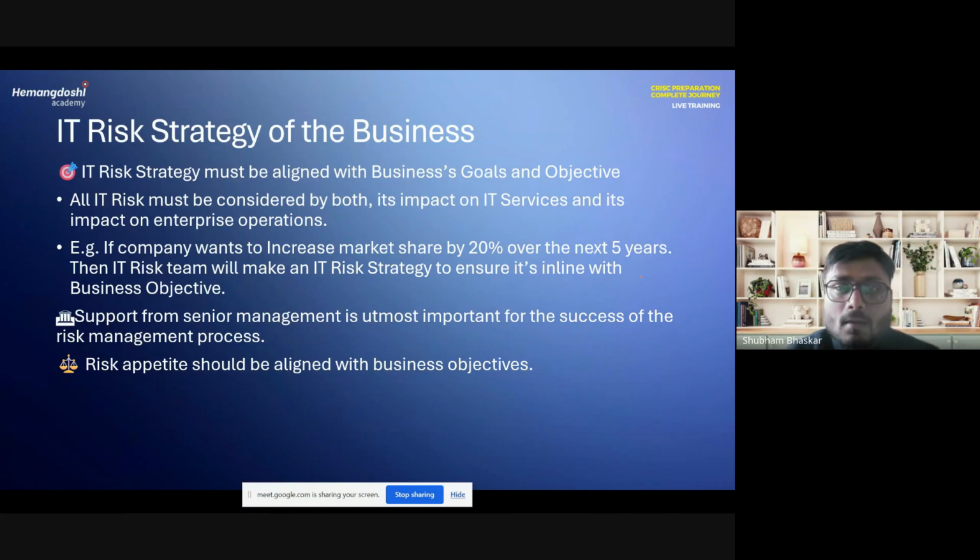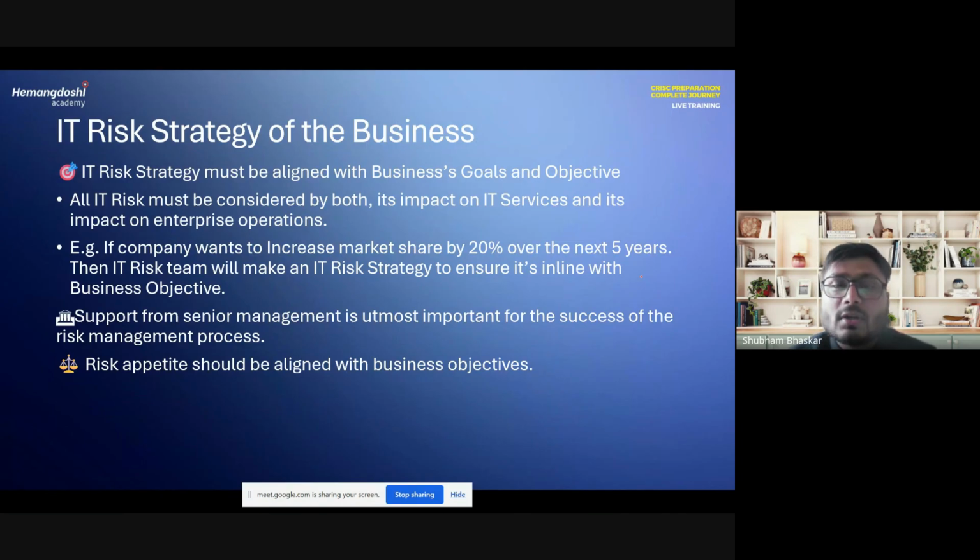So, for example, let's talk a positive example. Let's say that I am Google and I want to increase my market share by 20% over the next 5 years. Which means that all the departments are going to get in line with how I can achieve this, including the risk team. The risk team, which is essentially you, will find or make a strategy. How are we going to manage the risk?